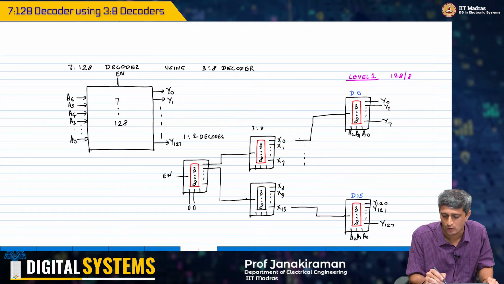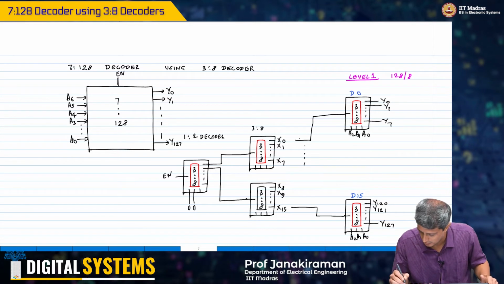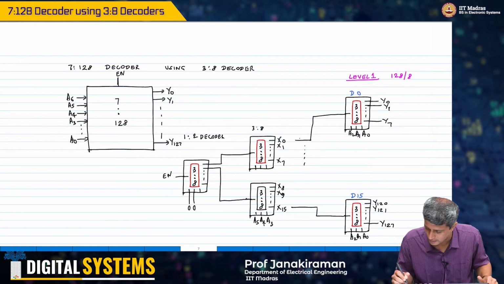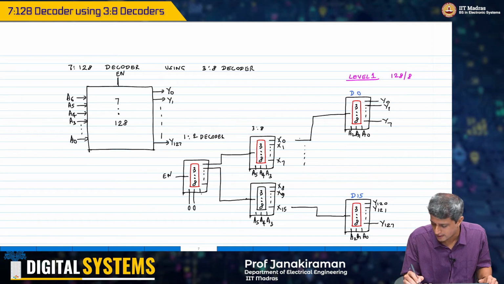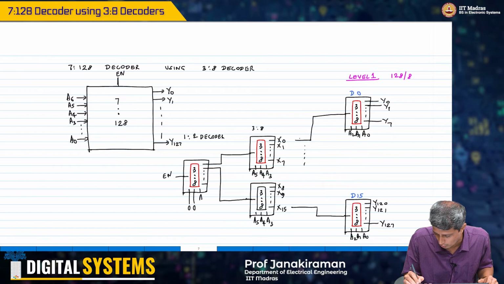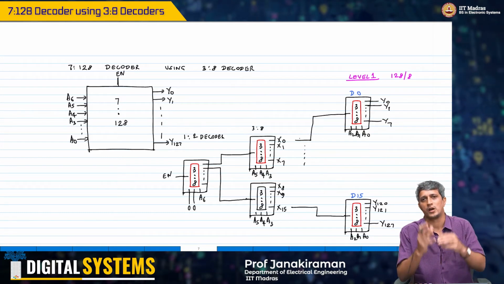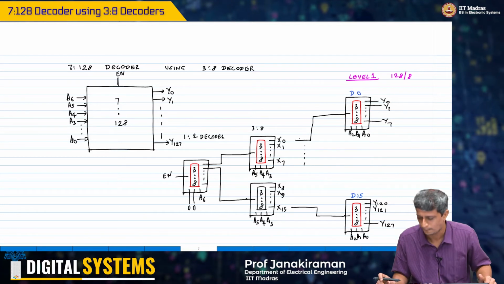That needs to be controlled with bits A3, A4 and A5, okay. So I'll connect this to A3, A4 and A5. This is A3, A4, A5, and this bit, address bit, needs to be controlled with A6, and the outermost decoder will have to be controlled with its enable signal, right.